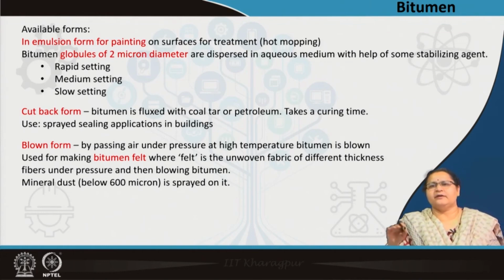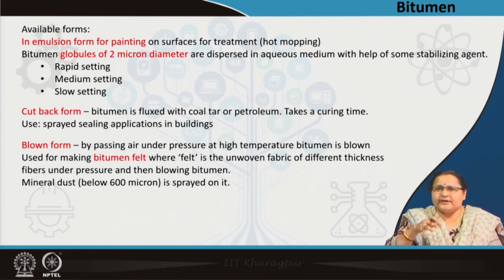So, you have an unwoven felt or a fabric onto which under high pressure, liquid bitumen is blown. So, that passes into all the gaps of the unwoven fiber which is the felt, and which is available in different thicknesses.